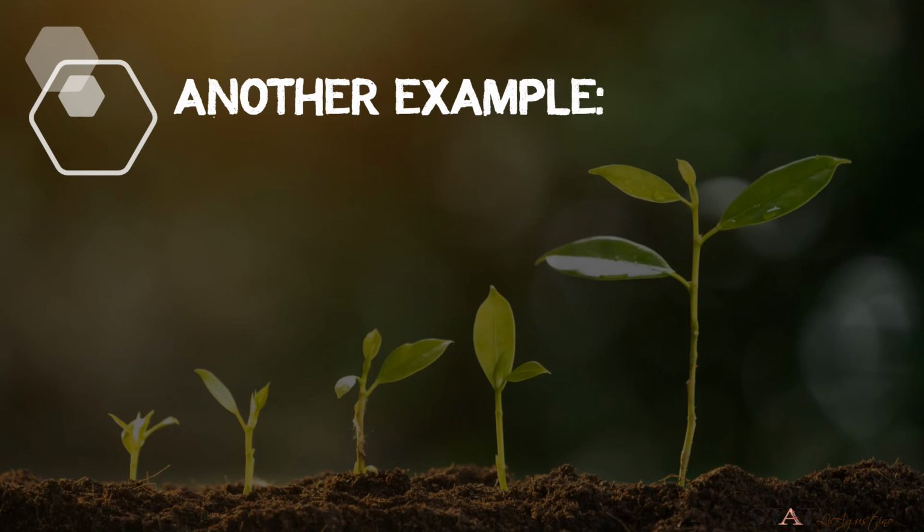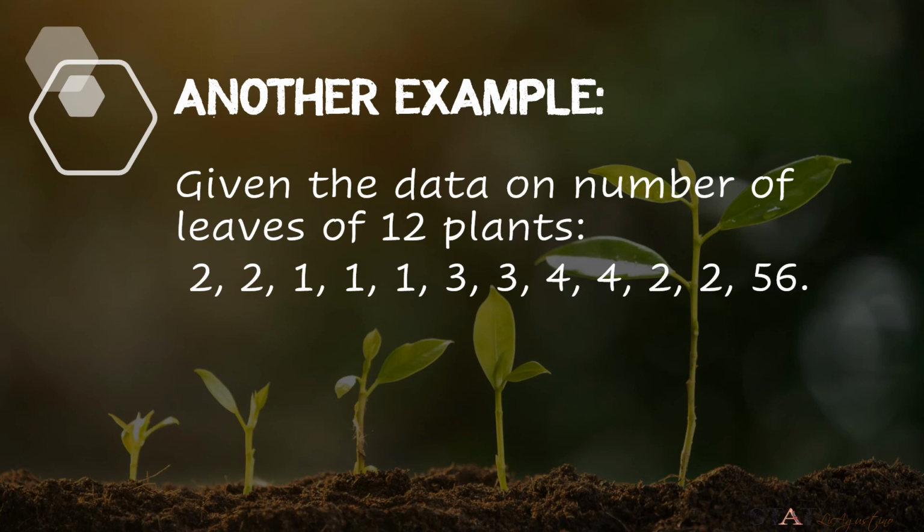So another thing to review, mode is the observed value that occurs with the greatest frequency in a data set. So given the data on number of leaves of plants, one plant has 2 leaves, another plant has 2 leaves, another plant has 1. What kind of plant is this with only 1 leaf? Anyway, it's just an example. And then 1, 1, 3, 3, 4, 4, 2, 2, 56.